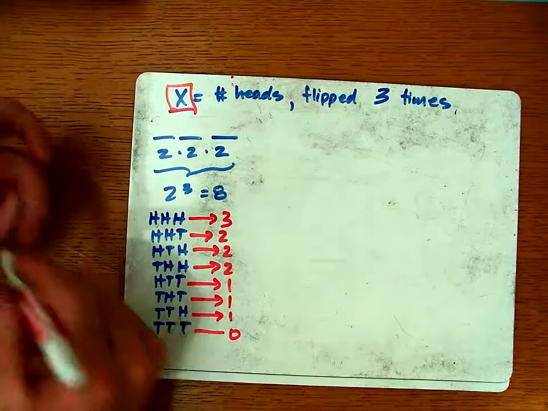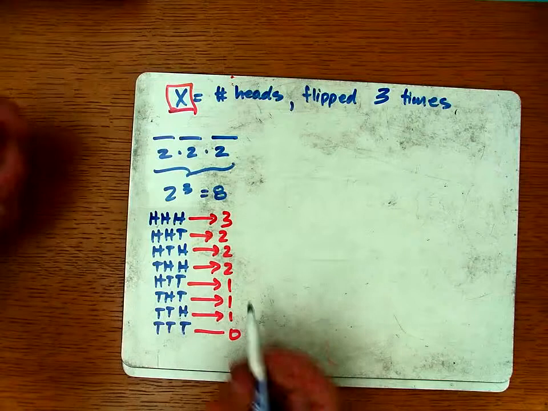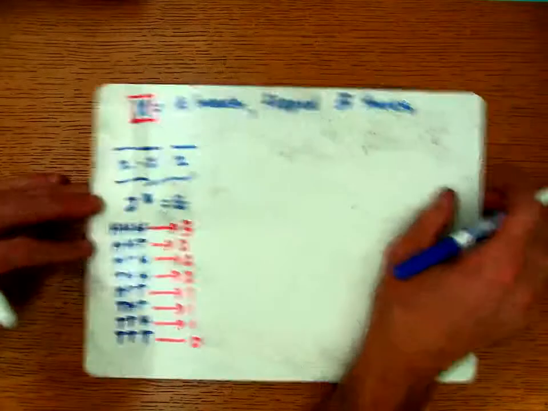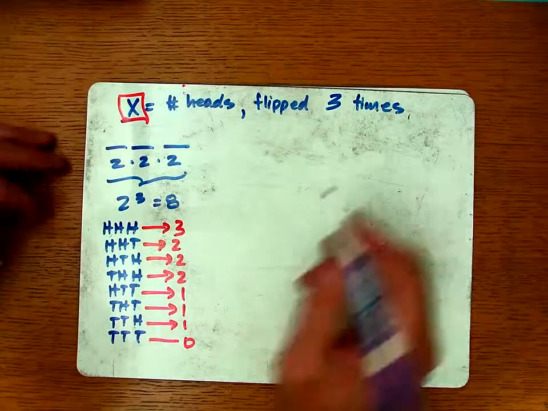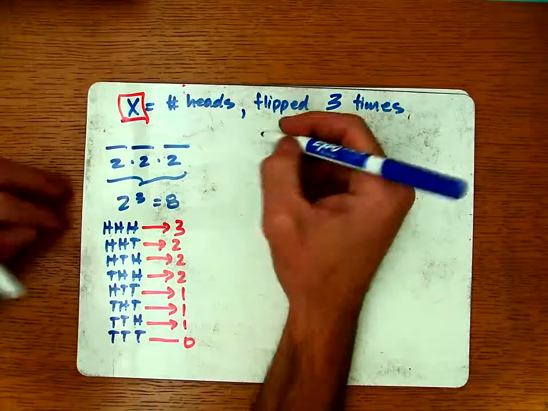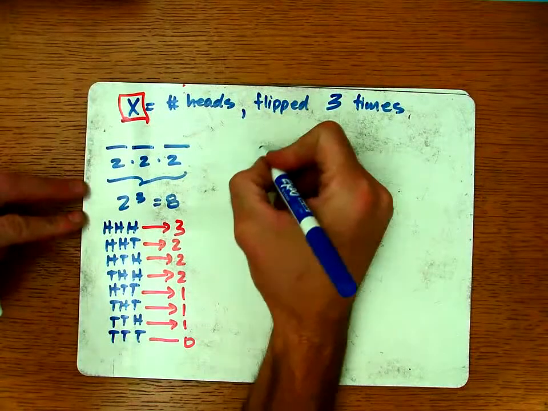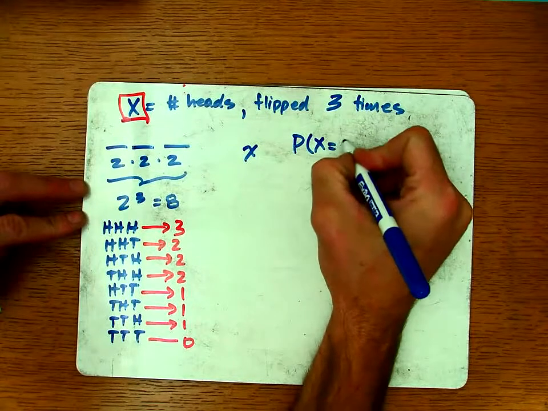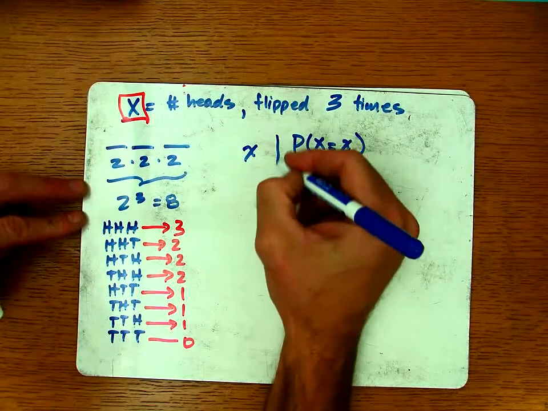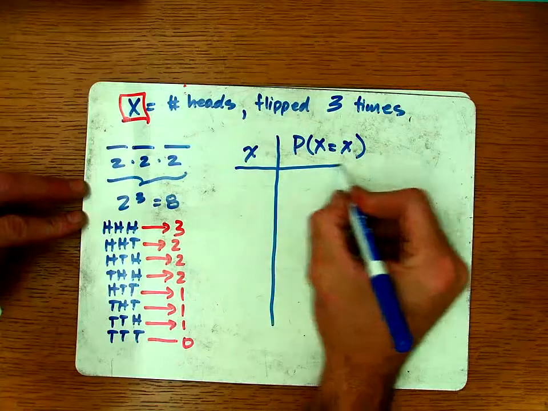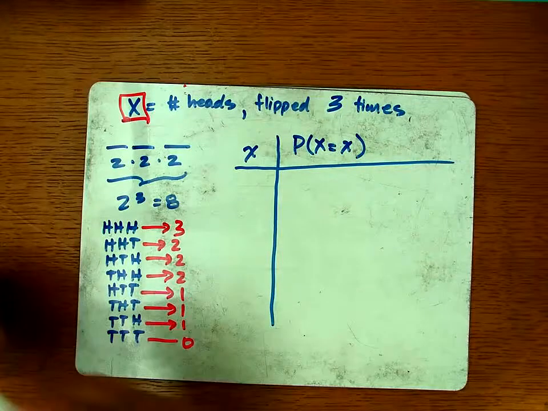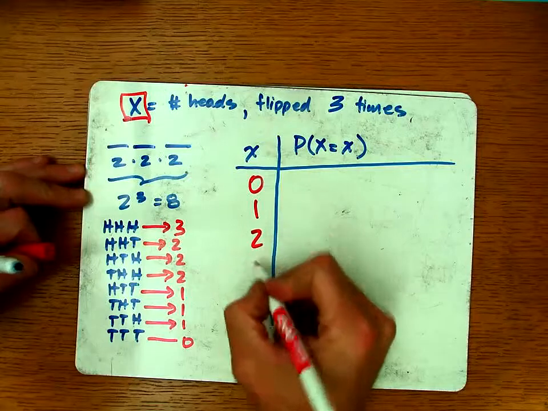Since we think of a coin flip as being random, and there's 8 possible outcomes, we can now construct the probability distribution function for our variable x. These are the values that x can take on, and in this column we list the probability that those values appear. x can take on 0, 1, 2, or 3.